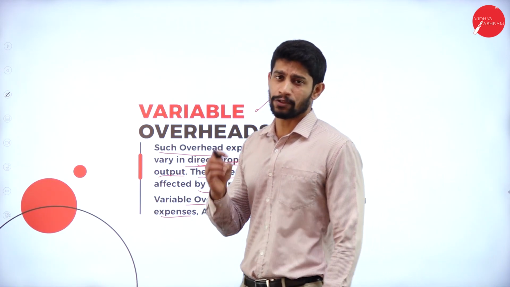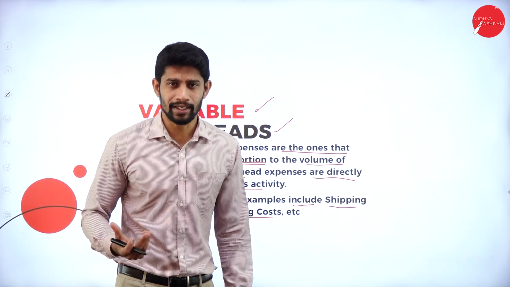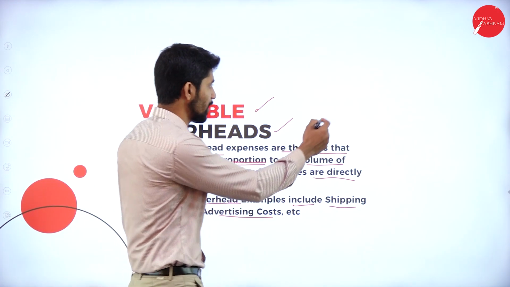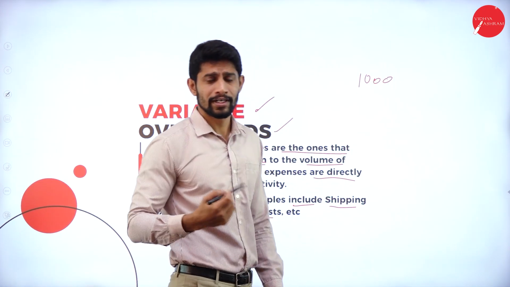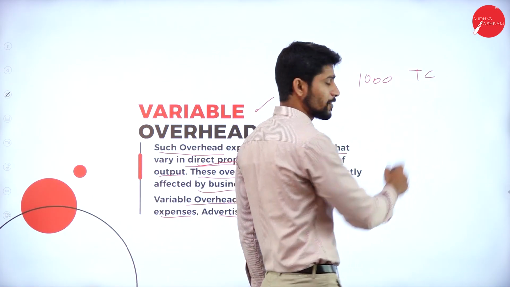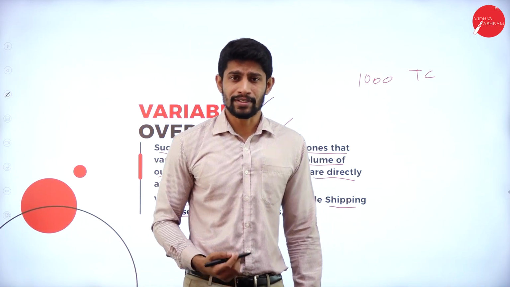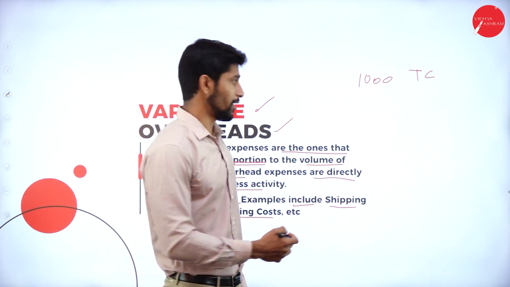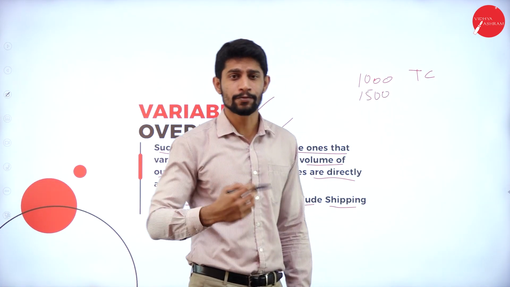For example, shipping expenses. Say if you are purchasing raw material of 10 tons, for 10 tons you will be charged around 1000 rupees of transportation cost. In case you are purchasing 2 tons of raw material, he might charge you 1500 rupees of transportation cost.